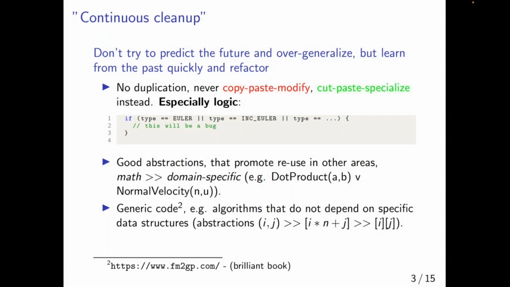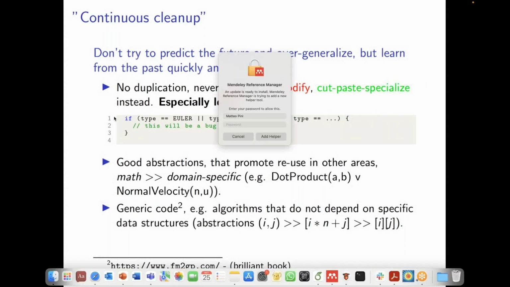Row major, column major, something more exotic. Regardless of that, the matrix type just gives you the operator ij. And then internally, you have the details of how things are stored in memory. So it's abstraction in the sense that the implementation detail, in this case the storage layout, is encapsulated inside the type, right?